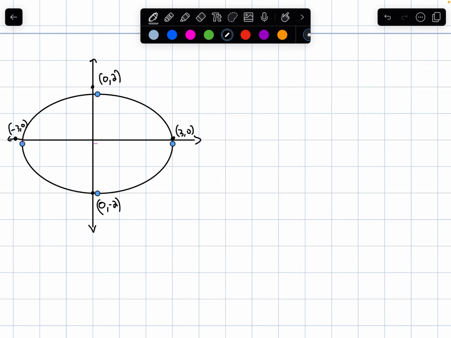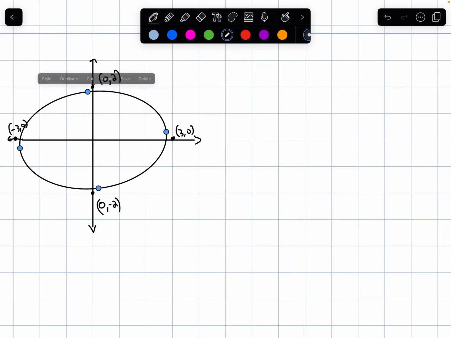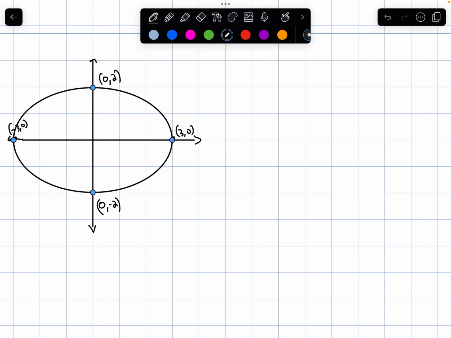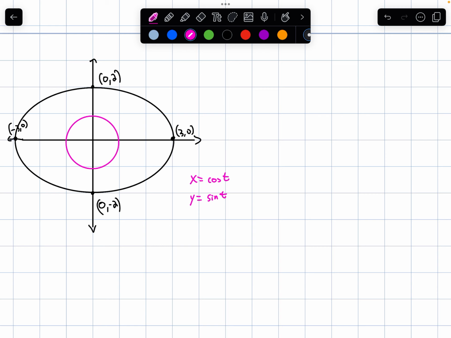Here's my ellipse. Let's see if we can get this to fit. Not exactly. There we go. Okay, so this makes an ellipse. And so compared to the unit circle, which would just be sitting here, right, which is, remember the unit circle is x equals, well, just cosine t, and y equals sine t. Compared to that, my ellipse, my x has been stretched by 3, multiplied by 3.